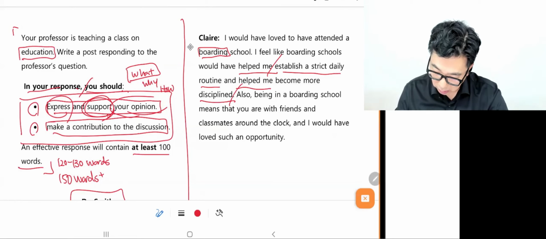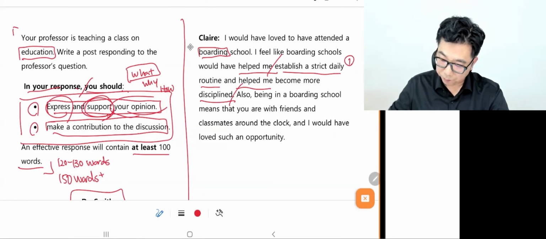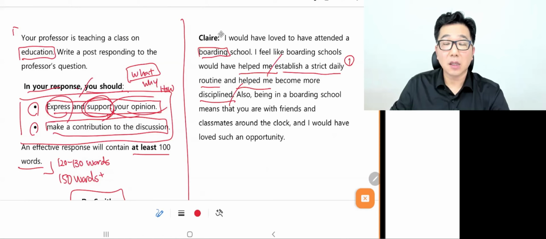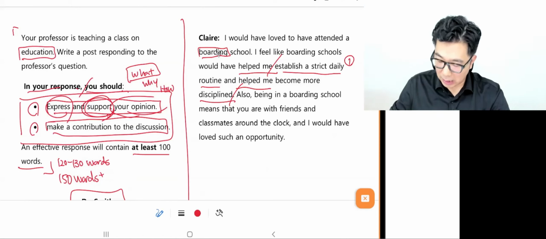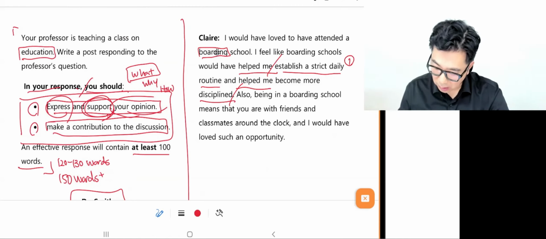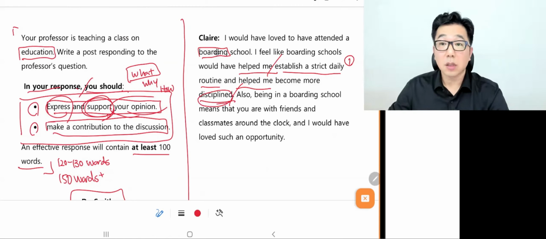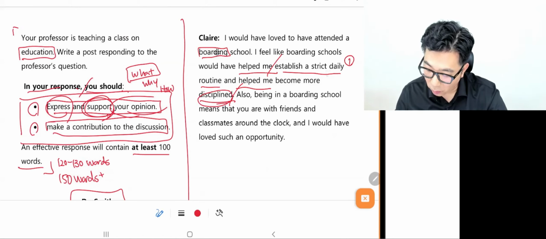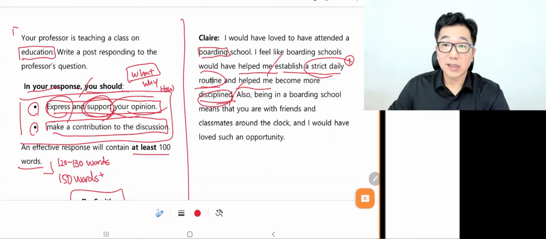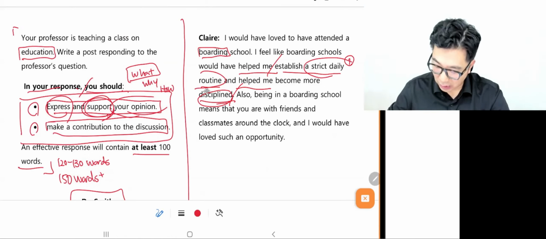So argument is, so first reason is, she think attending boarding school is good idea for students. If it was her, she would think that it would help her become more disciplined person, okay, by following strict schedule by the school. Okay, that's the first argument.